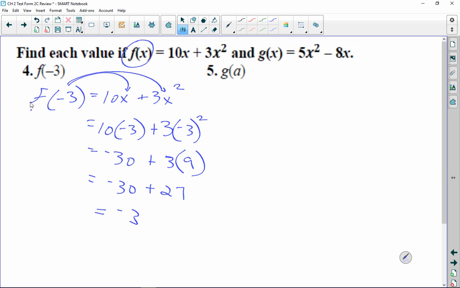Okay, which function am I using on number 5? The second one, right? Okay, so I'm going to go ahead and bring it over. I'm going to put a in there.